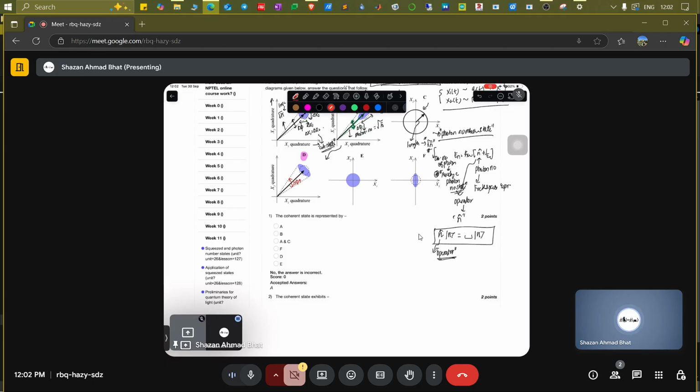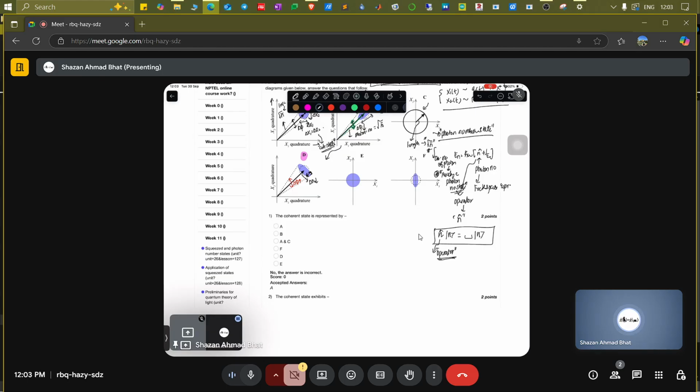But because of it, the black arrow, which is the phasor showing the average photon number, its uncertainty goes on reducing, because this state has been squeezed in this direction. The uncertainty in the photon number has been reduced, and this arrow can point in a very small area of this circle now. That means the uncertainty in the photon number has been reduced.